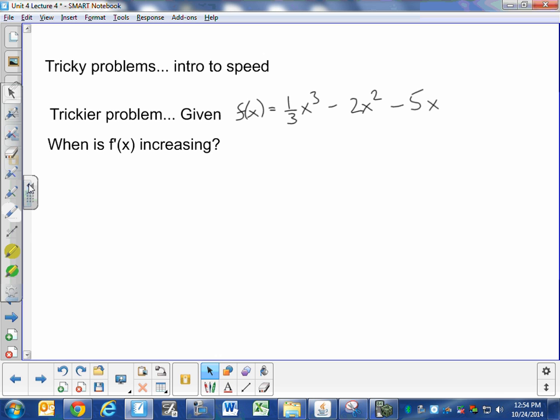And this is key to understanding how to do this problem. Anybody know what I should do? Anybody have an idea?